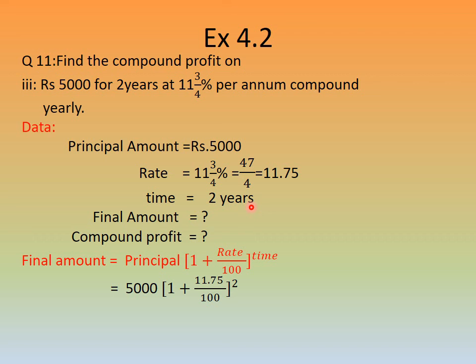It is 2 years. First of all, we will find final amount, and after finding final amount, we will find compound profit. Now use the formula for finding final amount. Use the values. Principal amount is 5,000, rate is 11.75 and time is 2 years.